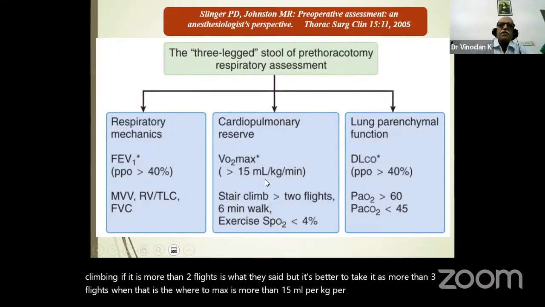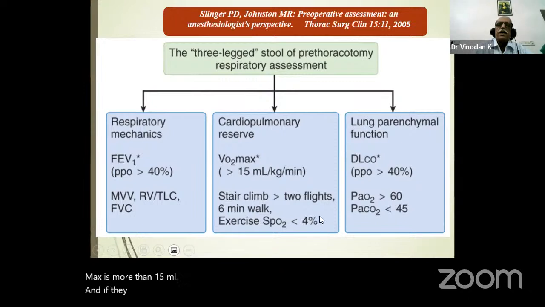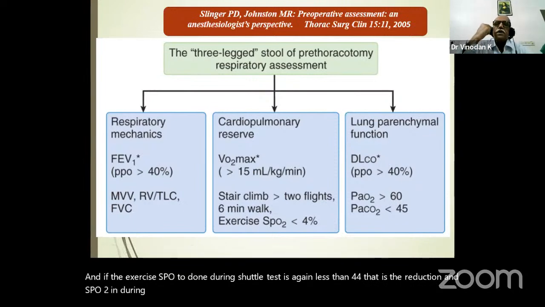And if he's able to do more than 600 meters in the 6-minute walk test, then again, you know that the VO2 max is more than 15 ml per kg. And if the reduction in SpO2 during the exercise shuttle test is less than 4%, then you again know the cardiorespiratory reserve is fairly okay.